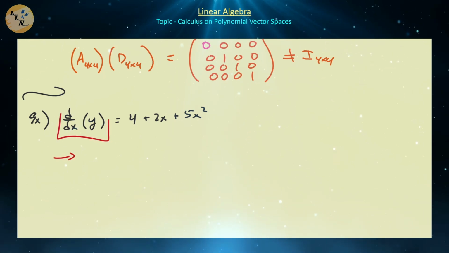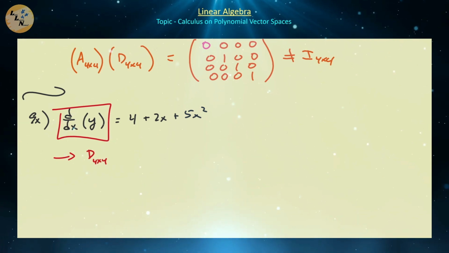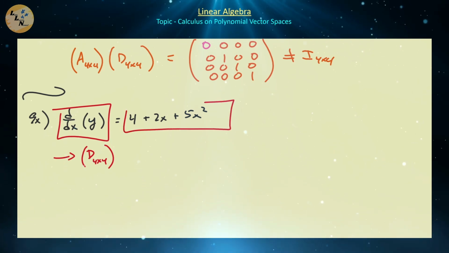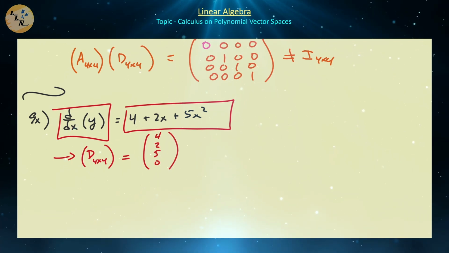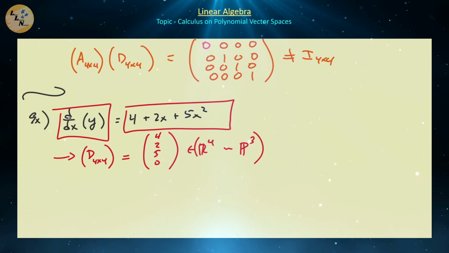So in numerical matrix form, we need to multiply y by a 4 by 4 differentiation matrix because this is going to be mapped to P3, which is a 4-dimensional space. And that's going to be equal to the vector 4, 2, 5, 0, which belongs to R4, which is isomorphic to P3, right?